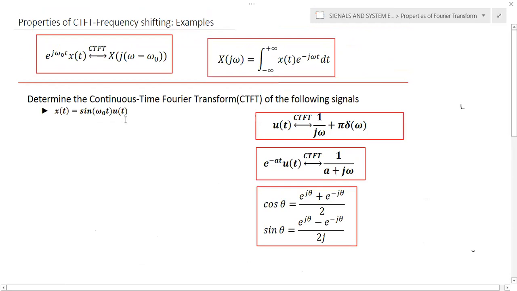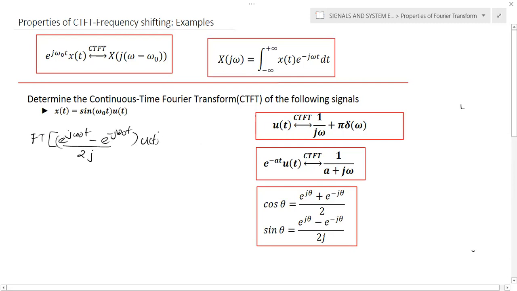Now we can apply the sine omega 0 t. Again we approach the Fourier transform of sine omega 0 t into u of t by expanding with Euler's formula. So you can write sine omega 0 t like this: e raised to j omega 0 t minus e raised to minus j omega 0 t by 2j, into u of t.